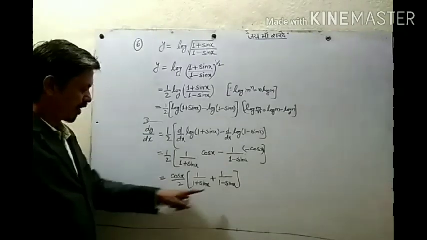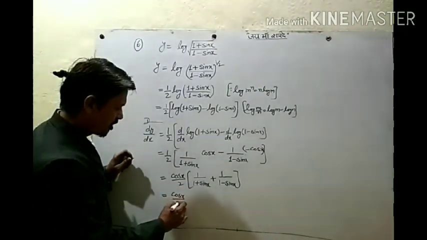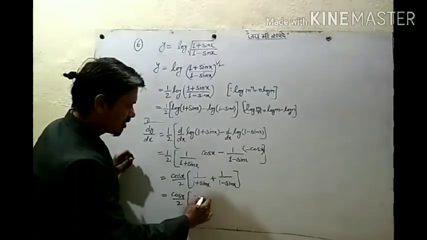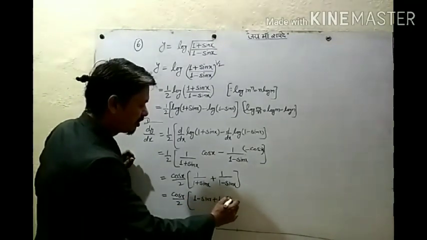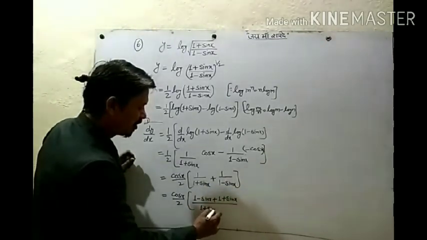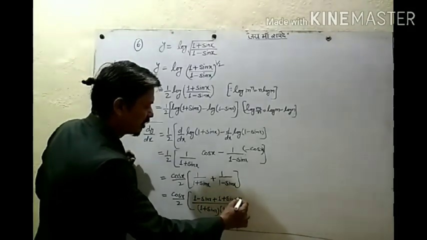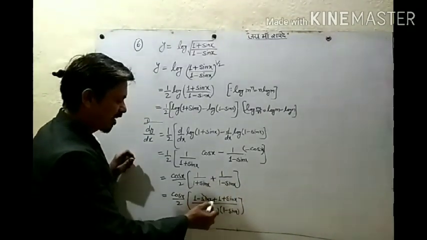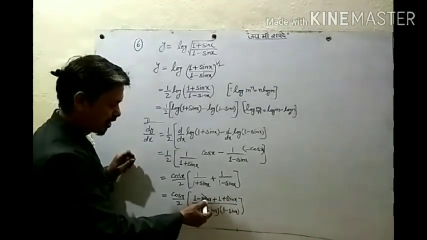Now taking LCM, we get 1 minus sin x plus 1 plus sin x divided by 1 plus sin x into 1 minus sin x. So your sin cancels out. So we get cos x upon 2 into 2. The 2 also will cancel out.